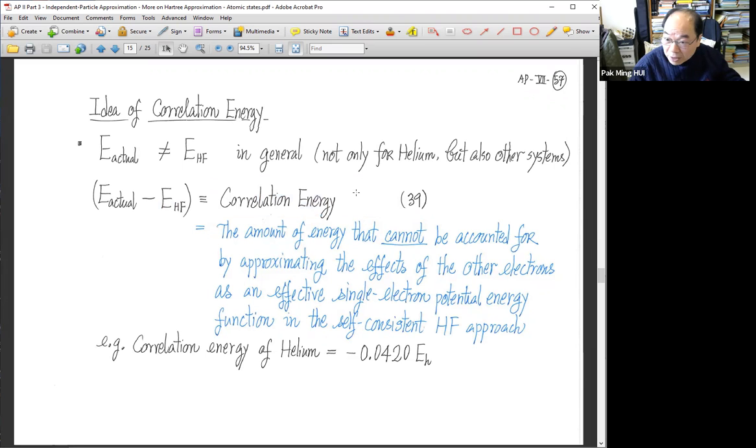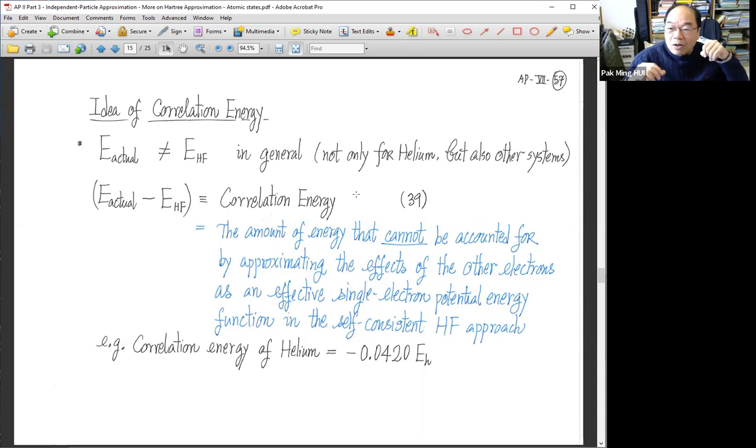Then physically, what does it mean? Remember, in our effective potential way of thinking, we are handling the Z-1 electron or the other electrons effect here by approximately that the other electrons are smeared out using the unknown wave function.